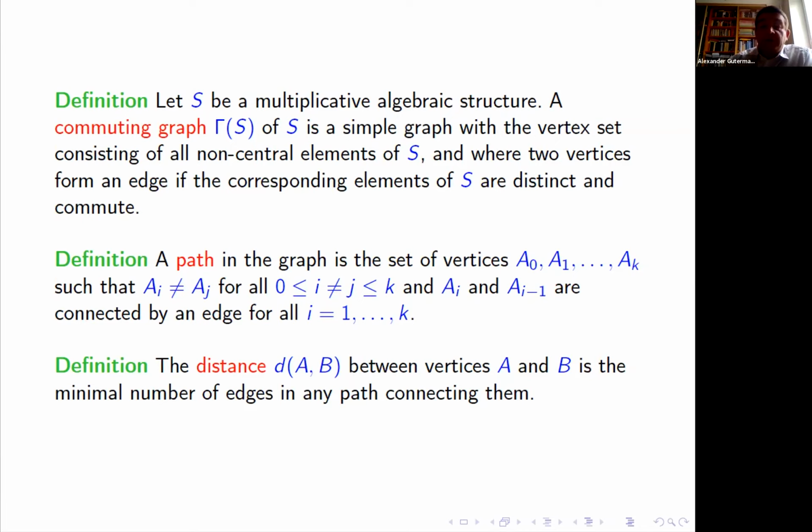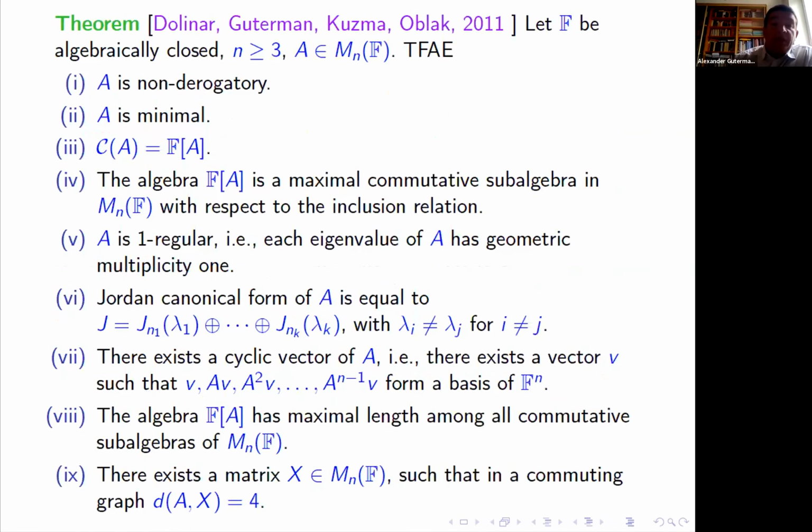For example, the distance between two vertices, which are, say, matrices, is the minimal number of edges in any path connecting these two matrices.